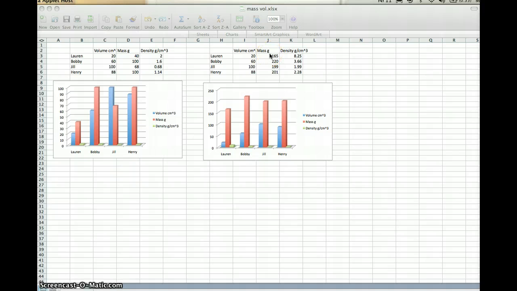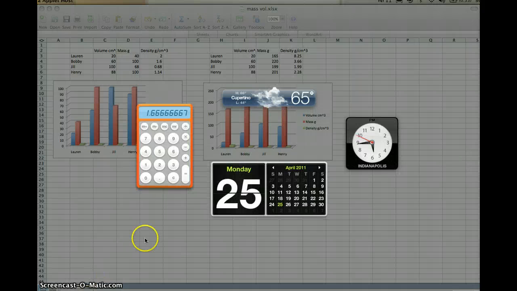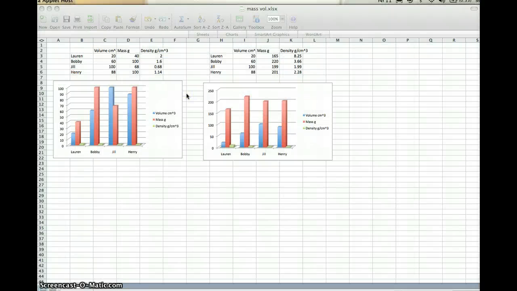That means her density is going to change, and if you take your calculator again and do 165 divided by 20, that gives you the new density of 8.25. If you look at this new graph down here, you could see that the density is higher. Even though the y-axis range is different, we know that the more mass in the same volume makes the object more dense.